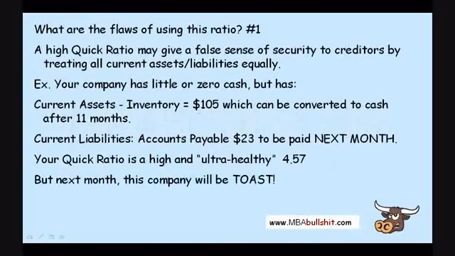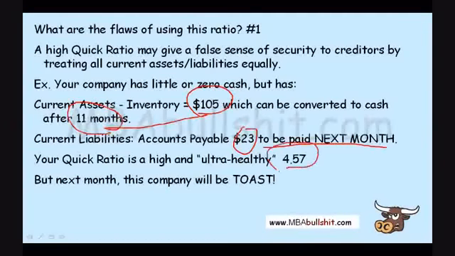Because this $105 can be converted to cash after 11 months. This is only $23, but it must be paid next month. So you will be toast even if you have a quick ratio of 4.57. By the way, quick ratio is sometimes also known as acid test ratio.